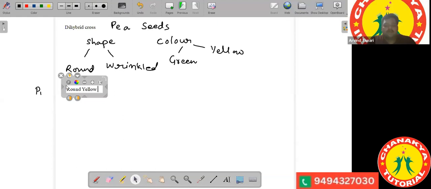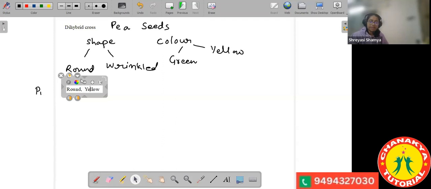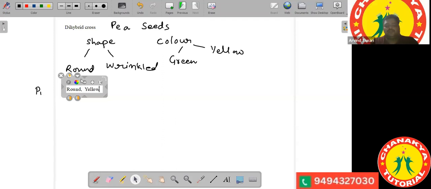Which one? So the first set was round and yellow, and the second was wrinkled and green. So these were the two sets. You took round and yellow. This was one set. You have wrinkled and green.